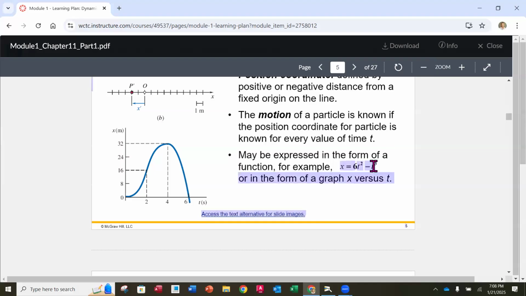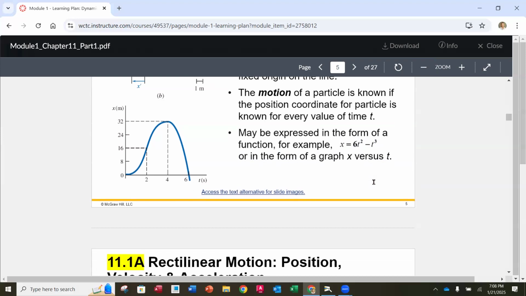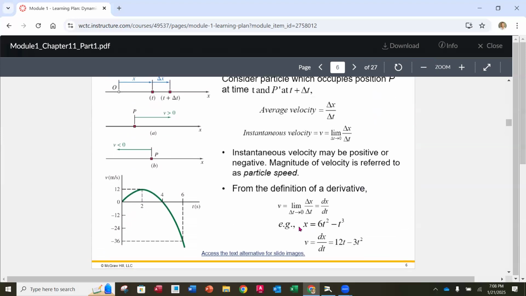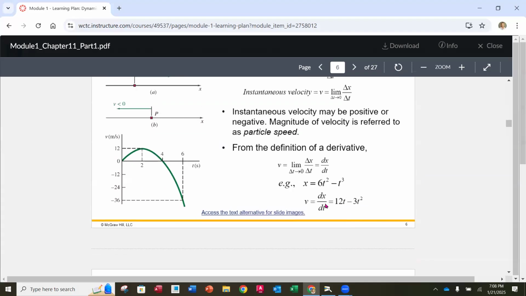For instance, if we have x equal to 6t squared minus t cubed, in order to find the velocity from our position, we take the first derivative. So we take that x, and we get the velocity to be 12t minus 3t squared.